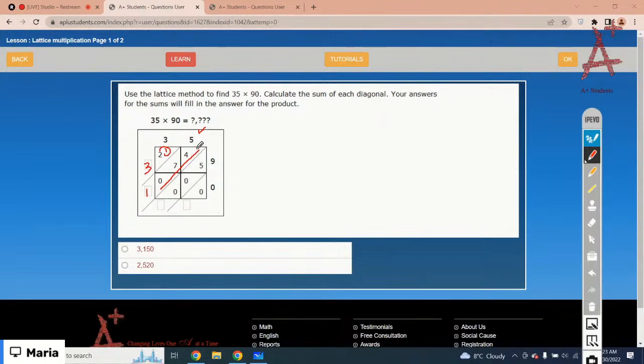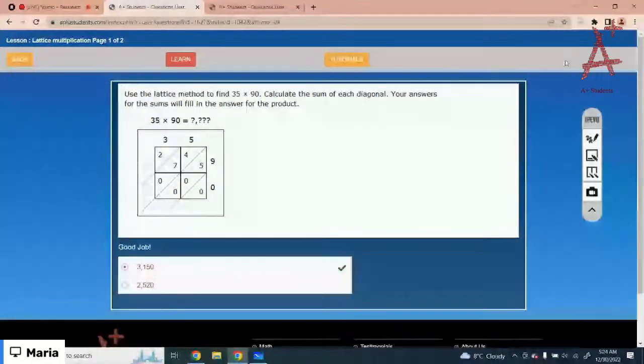Then this is the diagonal that is at the ones position. So 0, and you have 5 plus 0 is 5. So you have to write the number like this, 315 and 0. That is the correct option. Got it? So the correct option is 3150. Just select the correct option and click on the OK button.